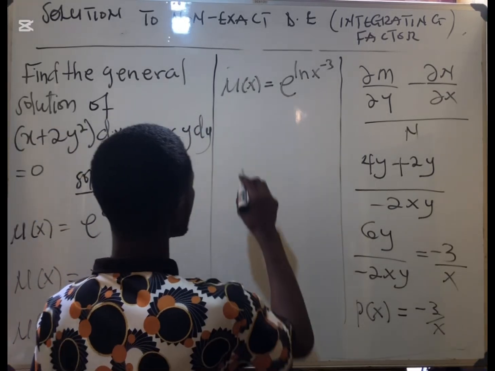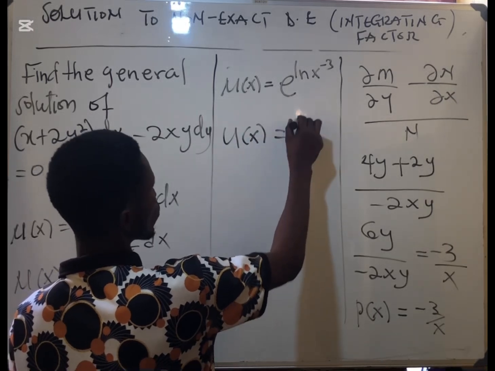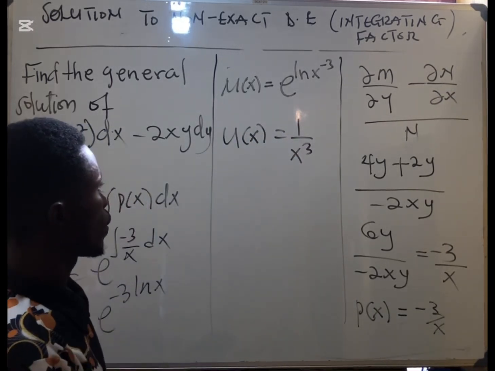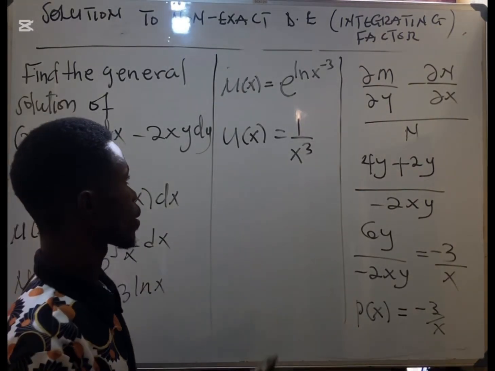So this will cancel this, meaning that this will give us 1 over x cubed. So now this becomes our integrating factor.